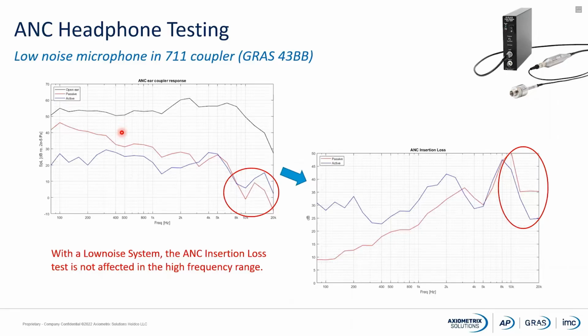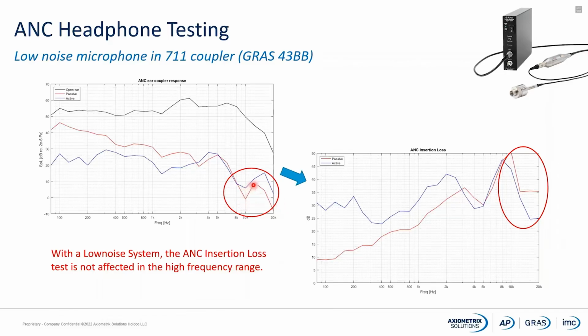If we repeat the insertion loss measurement I showed you before with the same device, but now using a low noise system like the 43BB, we can see that above 8 kilohertz there is a difference in the measurement between the ANC and the PNC.